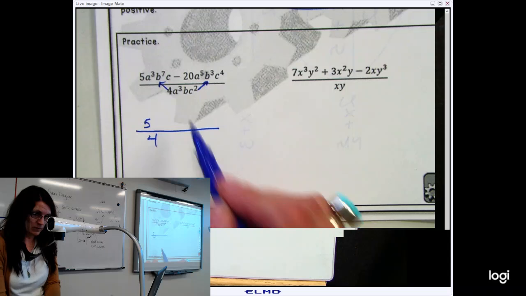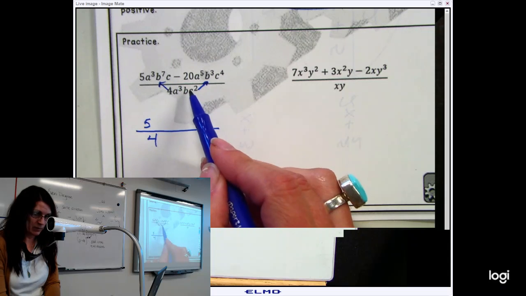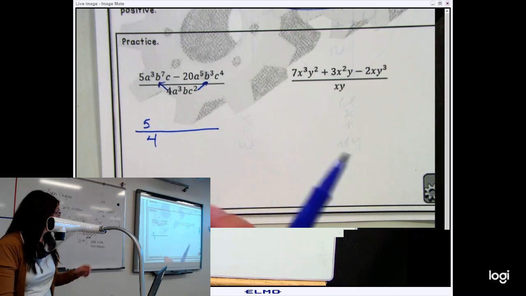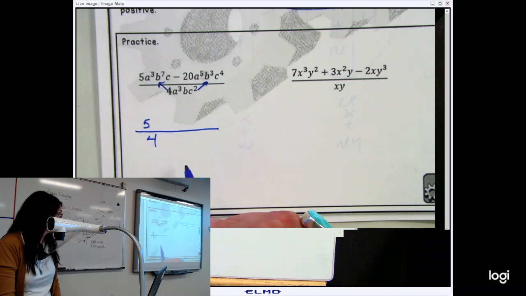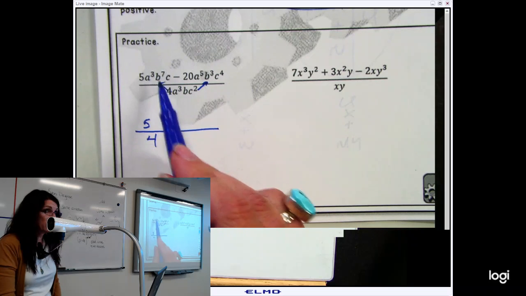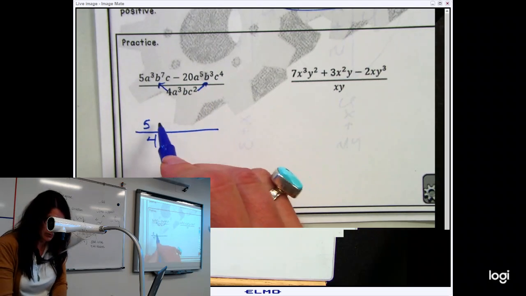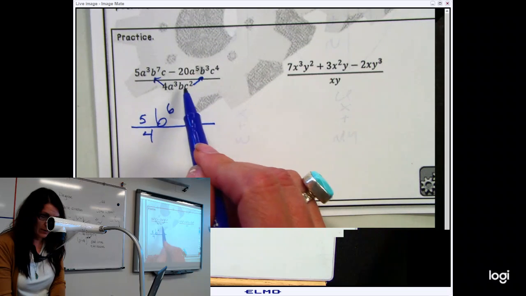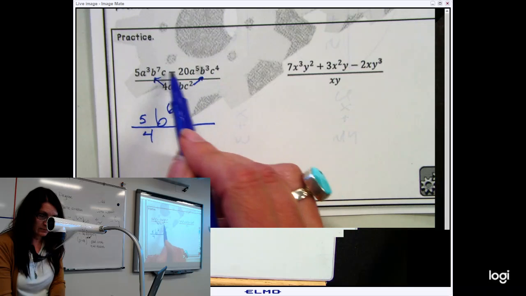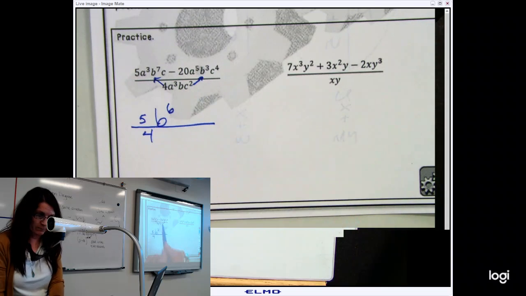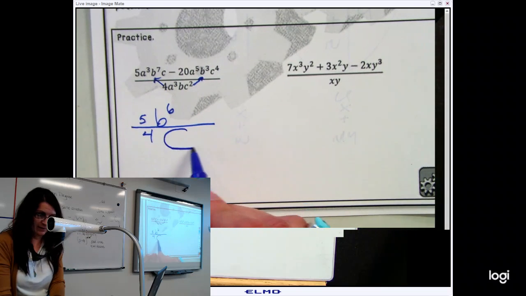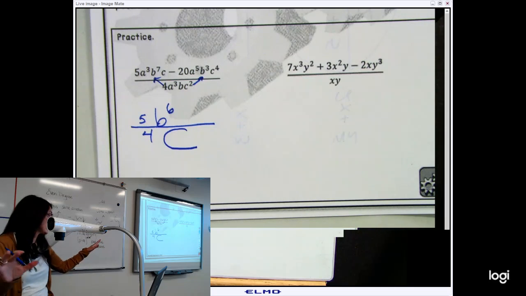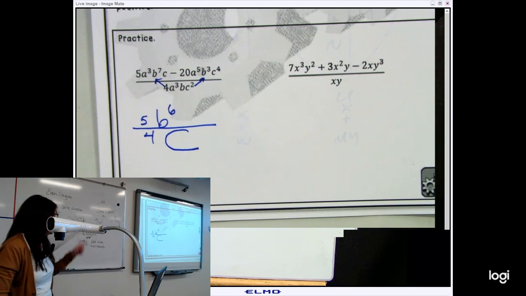They cancel. B's, 7 minus 1 is, how do I know if it goes in the numerator or the denominator? Wherever it's bigger, right? So b to the 6th. I'm going to write really big so I can use this whole line. And what about my c's? Which way do they move, top or bottom? Okay, I used the whole fraction bar. That's impressive, by the way.